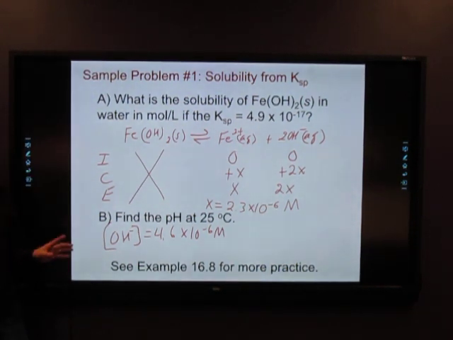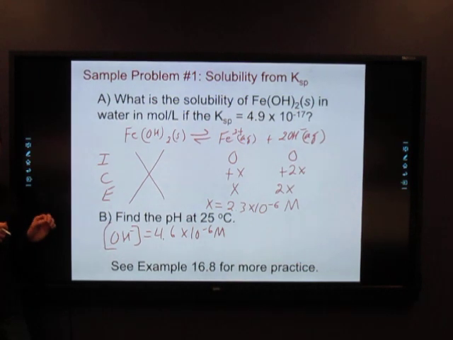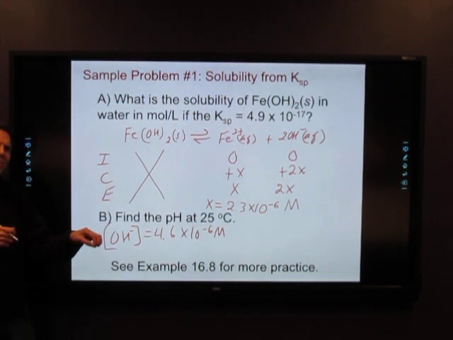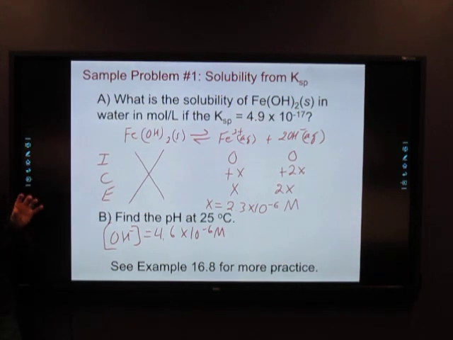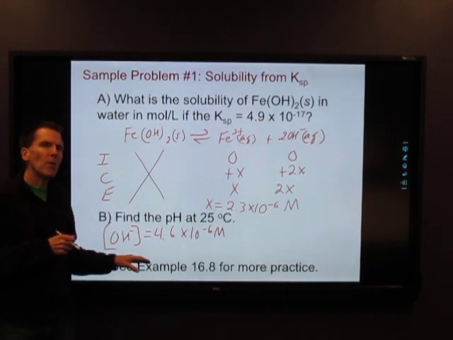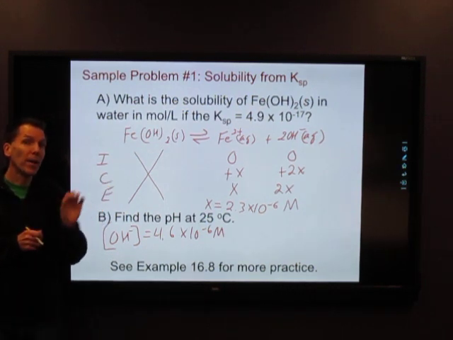Then thinking back to earlier material, we can take the negative log of that to get the pOH. Remember, pH is negative log H3O+, pOH is negative log OH-.